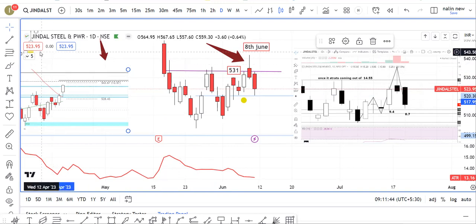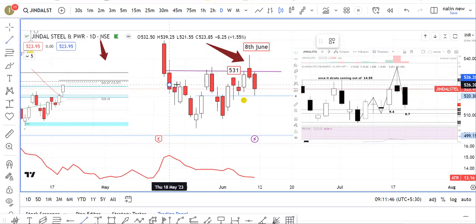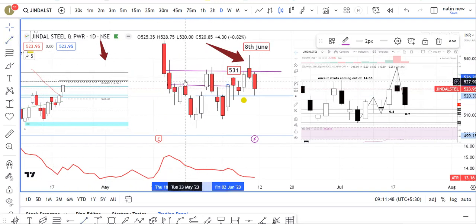That itself is a change of character, and it is showing strength. From this low it made a high of 535.7 rupees.